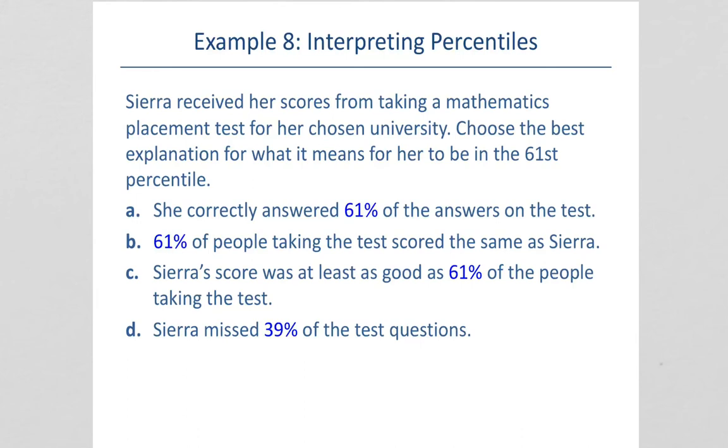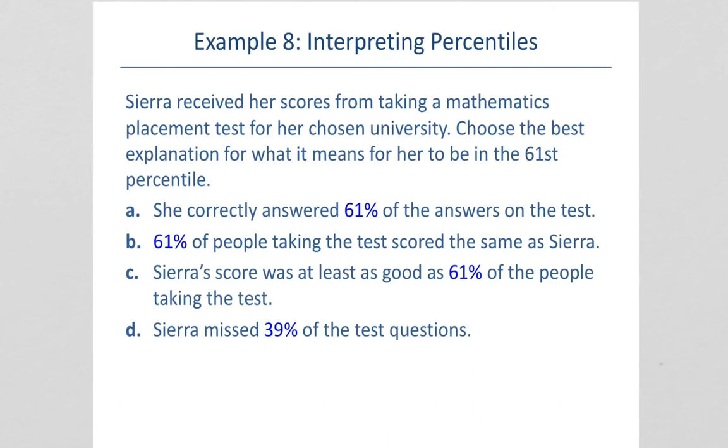That means that you did better than 61% of your peers. It doesn't mean that you got 61% of the questions right. Okay? It means that Sierra scored better than 61% of her peers.